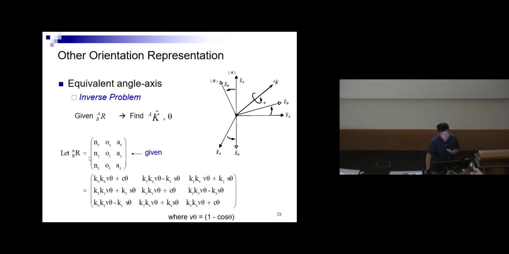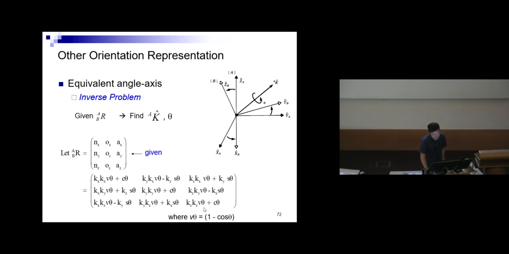So you know that the rotation matrix ABR consists of 9 elements, and each column is an orthonormal vector. So you have your NX, NY, NZ, OX, OY, OZ, AX, AY, and AZ, three column vectors.